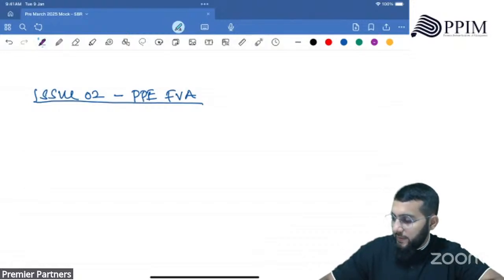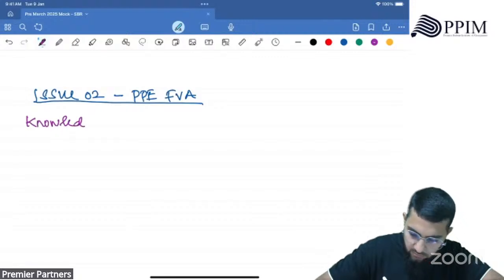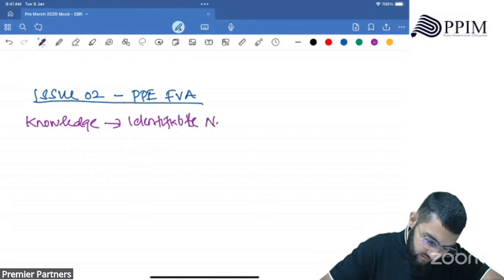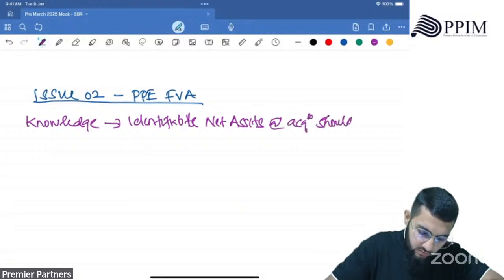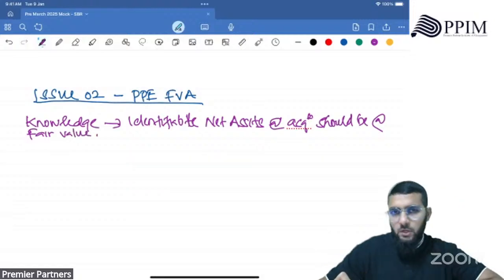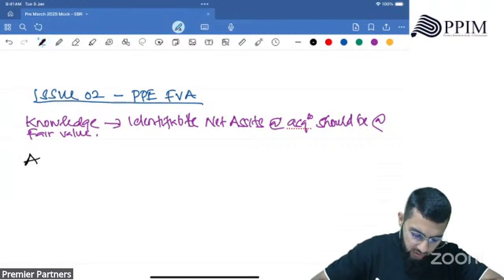What does the knowledge say? Knowledge says that identifiable net assets at acquisition should be at fair value. Now we have to bring the application. What's the application here?